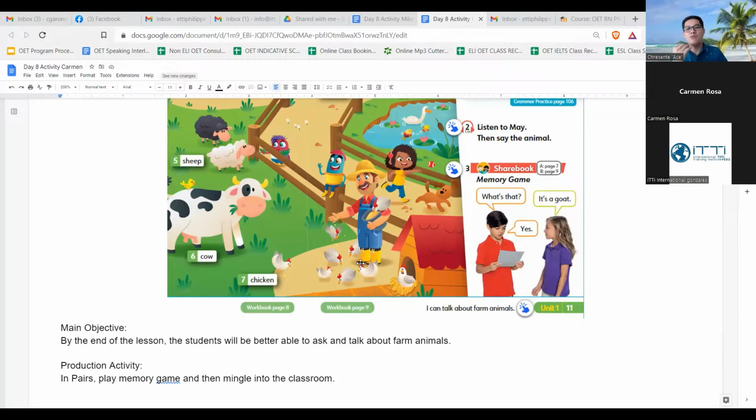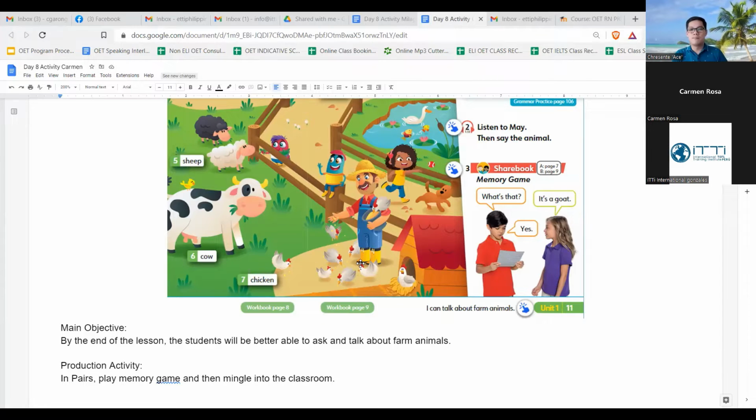How do we see in the line there in the objective that it is student-centered? It is that it is for your students, to ask and talk about farm animals. That's for students. But I don't think now that that is the main objective.